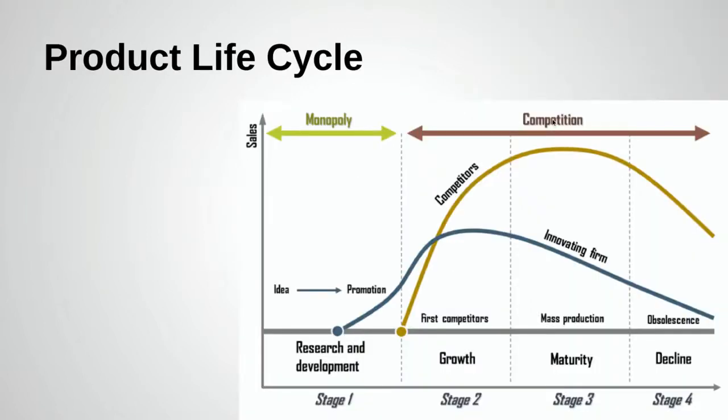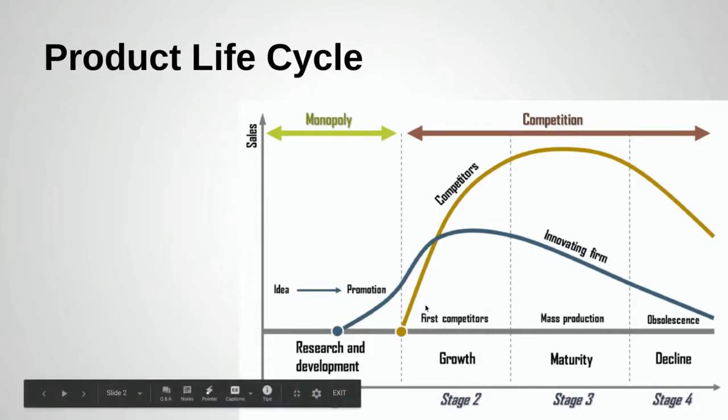Okay, so we'll see that same thing on several different charts here. So the product life cycle: you had an idea, you promote it, it makes it into the marketplace, it does well, but as soon as other people see that you start to do well, they copy you. You spent all the money on research and development, so hopefully you actually reap some of the benefit of that.